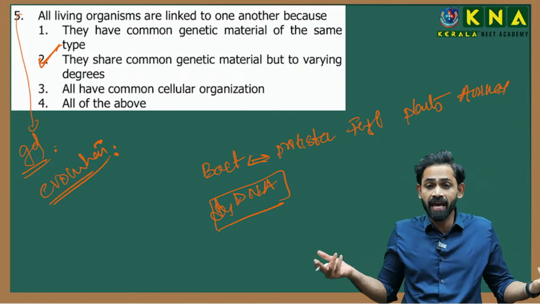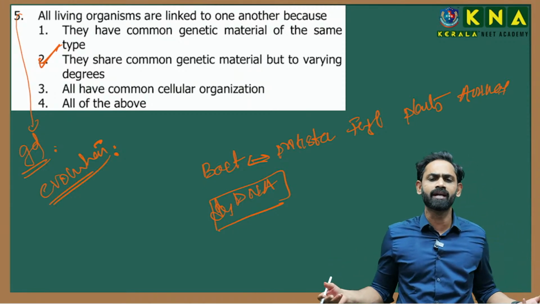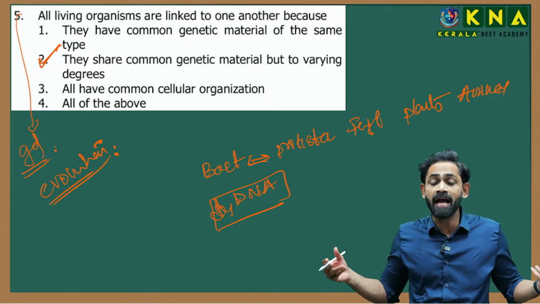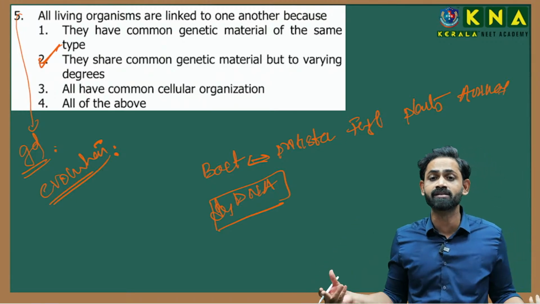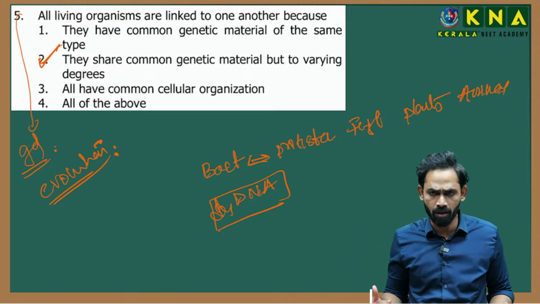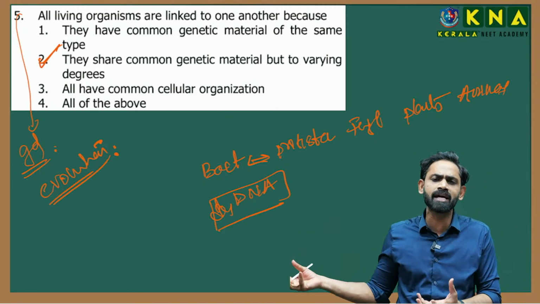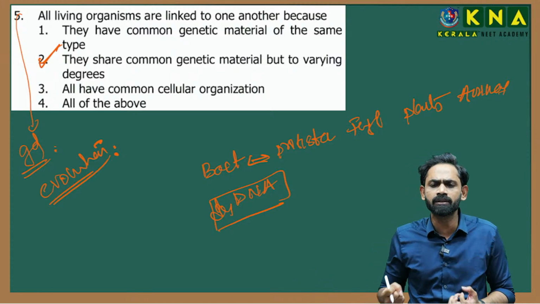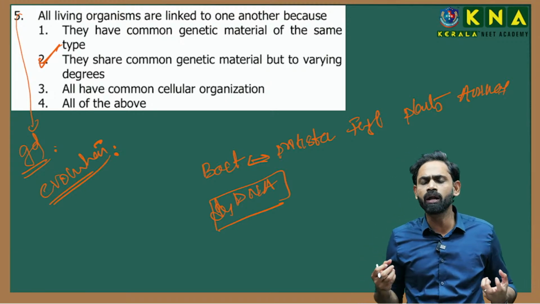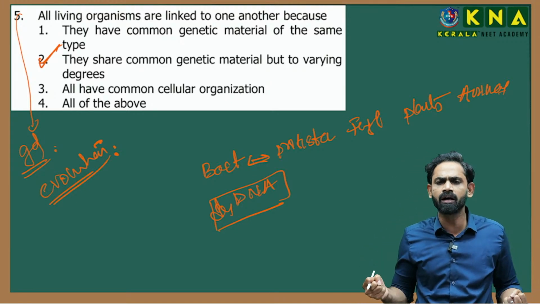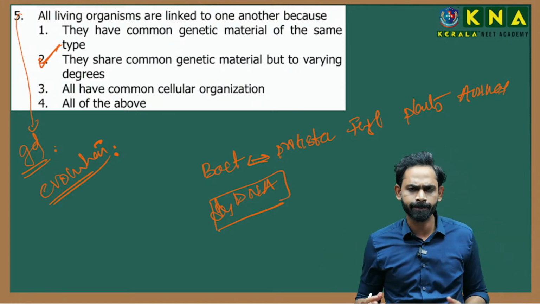In the same way, all living organisms that existed had a common ancestor, all are linked. Almost the same conclusion. That is why all living organisms that existed, all living organisms living now, all living organisms that will live, are all interconnected with each other through a common genetic material but varying degrees.